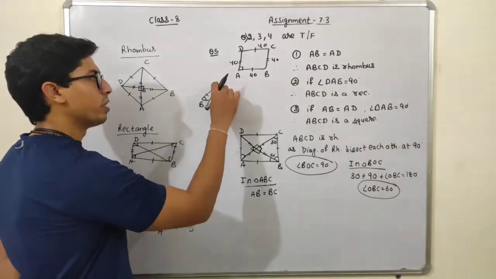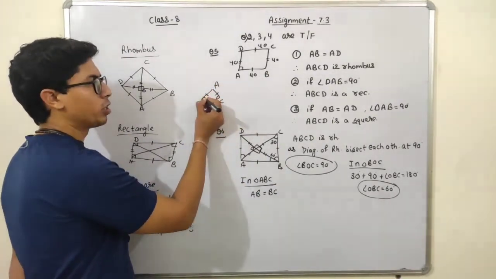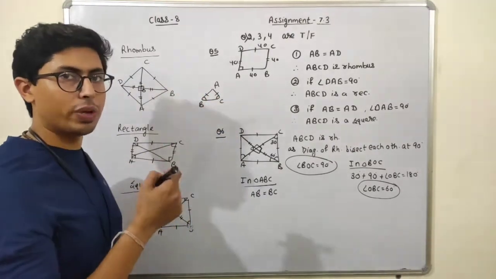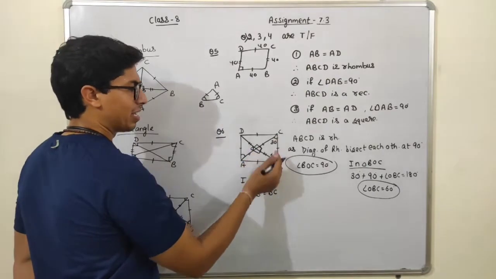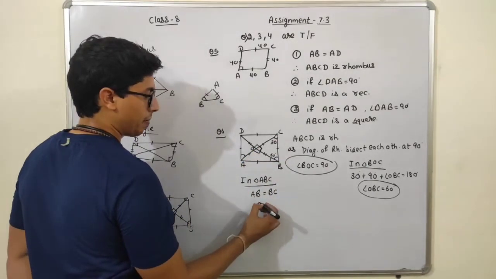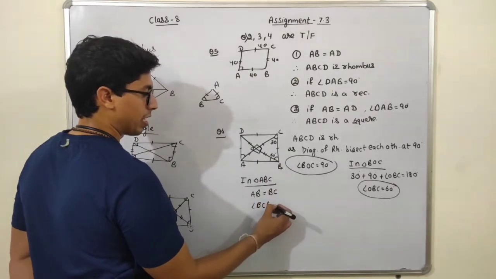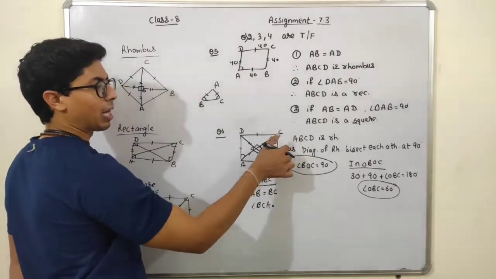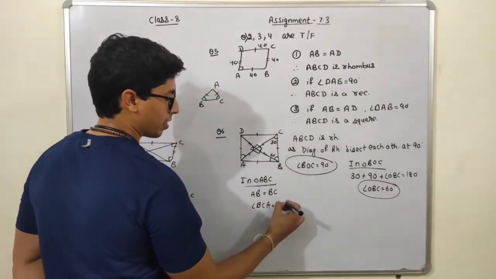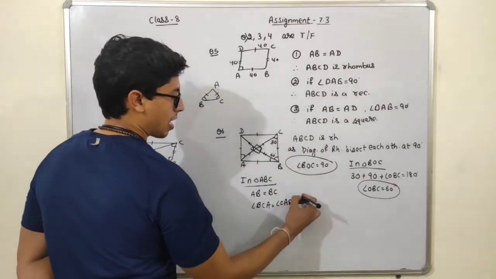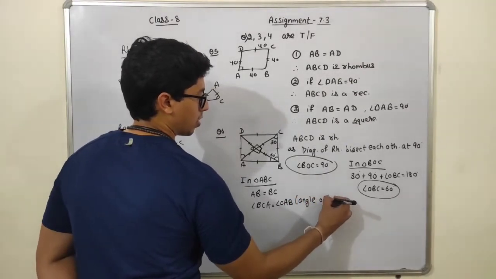Angle opposite to AB is angle BCA, and angle opposite to BC is angle CAB. Angles opposite to equal sides are equal.